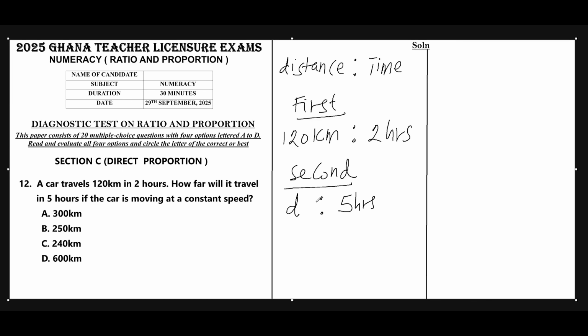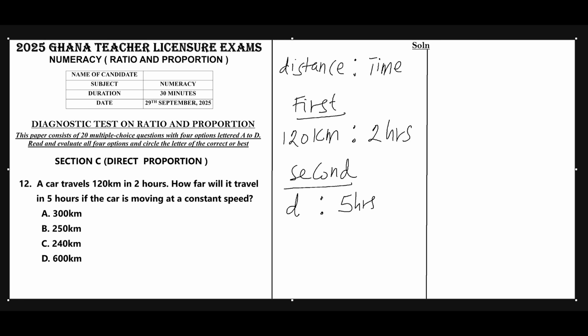So how do these two quantities relate in real life? Distance and time. So we have a car moving at a constant speed. So these two cars are moving at the same speed. So moving at the same speed, you will see that depending on the number of hours you travel, the longer the distance. That is, when you spend more time traveling with the car, then it means that you are going to cover more distance.